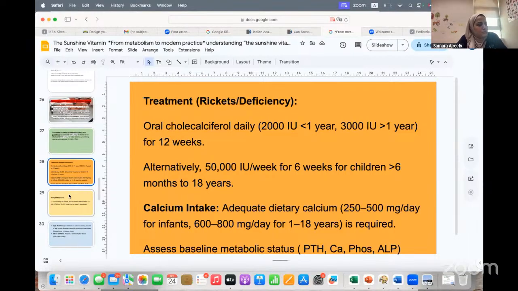Recently, I had a patient, a 12, 13-year-old girl. Her vitamin D level was 3 on testing. So I did not do calcium, I did not do phosphorus, I did not do alkaline phosphatase or PTH. I just gave her 50,000 units per week for 8 weeks or so. So what should I have done in that case?